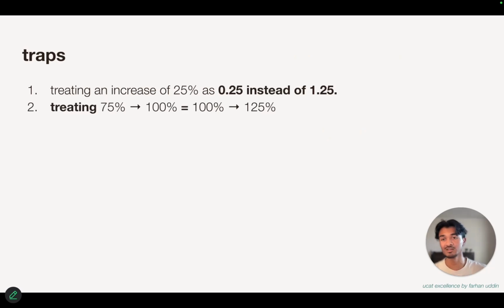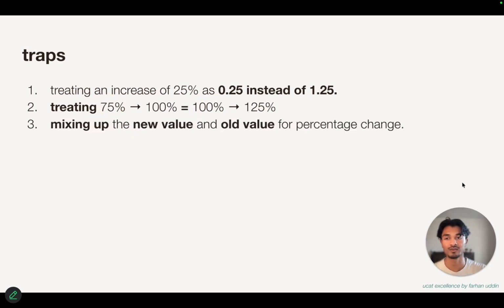Next is treating 75% to 100% as the same as 100% to 125%. We've just gone through the maths behind why this is a 33% change and why this is a true 25% change. What matters is what the baseline number is. So it's 75% here and 100% here. And actually, mathematically, that changes your old value.